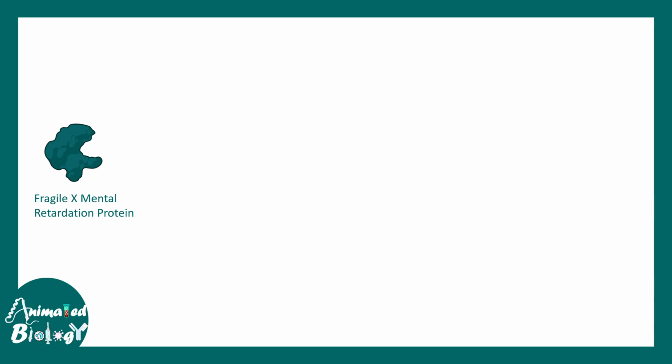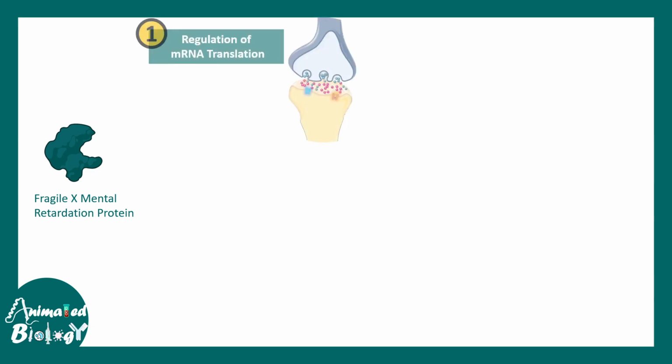Anyway, let's talk about the normal function of the Fragile X mental retardation protein, because once we understand how this protein is important in the context of brain development, we can understand the disease pathology better. First of all, Fragile X mental retardation protein is important for mRNA translation at the synapses.